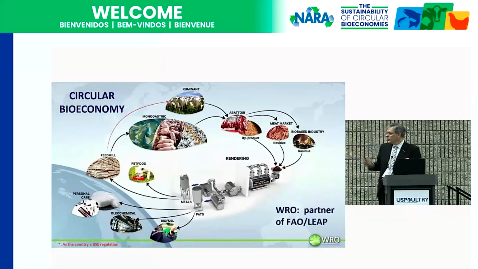Okay. So this is what we do. We are circular if it goes back to animal. If it didn't go back to animal, it's not circular bioeconomy. It's bioeconomy, but it does not fulfill the concept of circular bioeconomy because it did not turn back as food at any time.